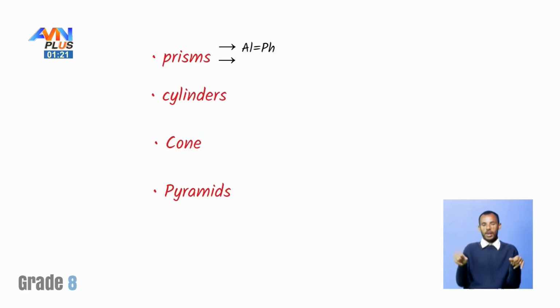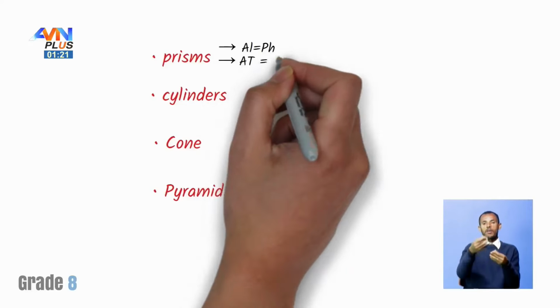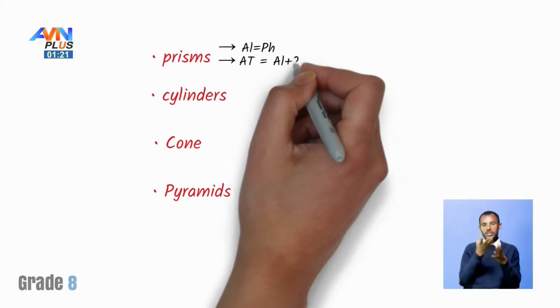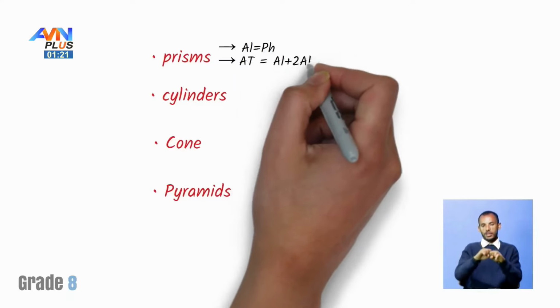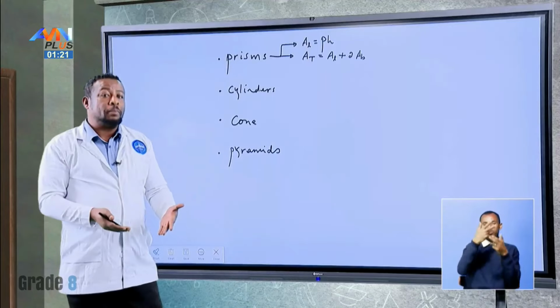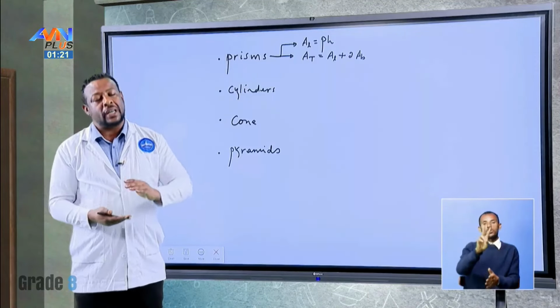The total surface area of a prism is given by the formula AT, which means total surface area. This is the sum of the lateral surface area plus 2 times the area of the base. Why 2 times the area of the base? Because a prism contains 2 congruent polygonal bases.